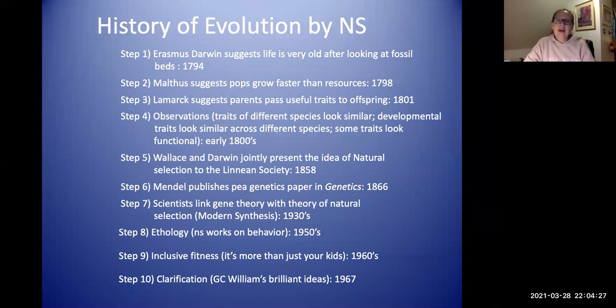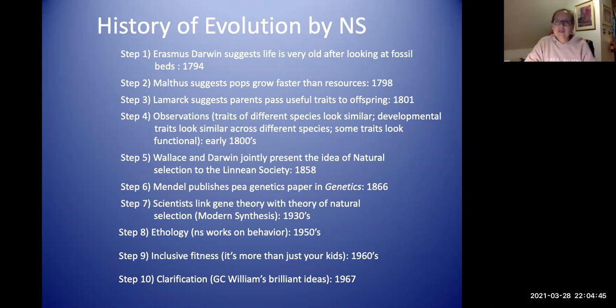And then we have ethology, which is this idea that natural selection can work on behavior. We have inclusive fitness, which should make it clear that you can count not just the number of kids that you have, but the number of grandkids, the number of nieces, the number of nephews, the number of cousins.